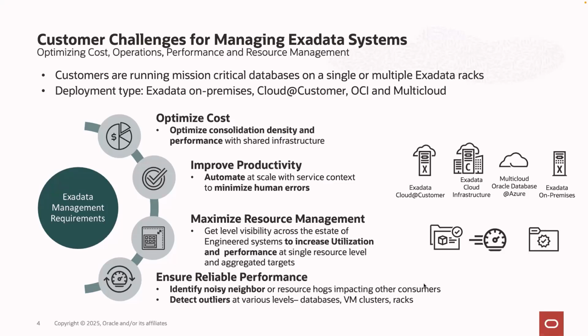Identify if there are any noisy neighbors and restrict that noisy neighbor if it doesn't need the resources. Detect outliers, a database that is using more resources than planned, using more CPU, IO, and so on.